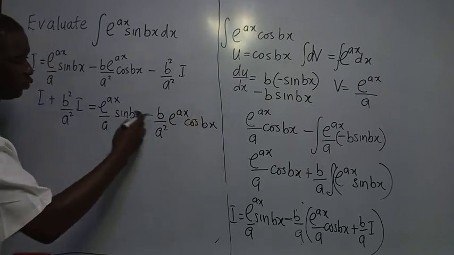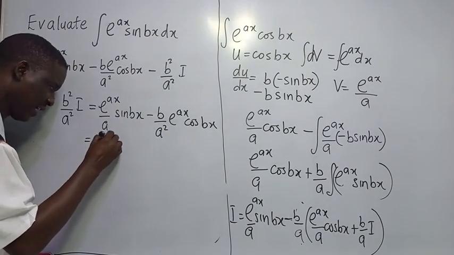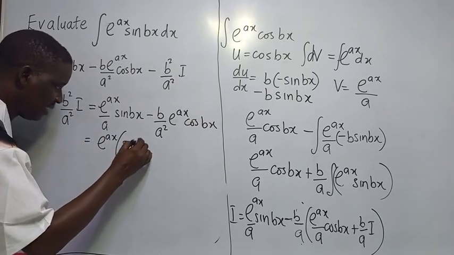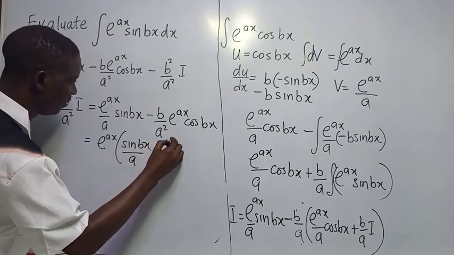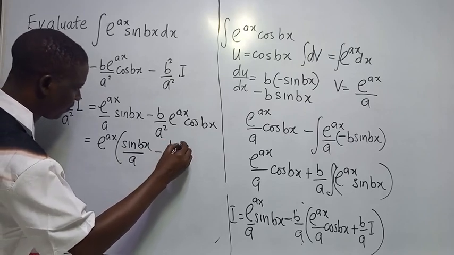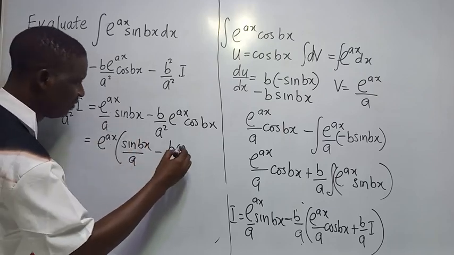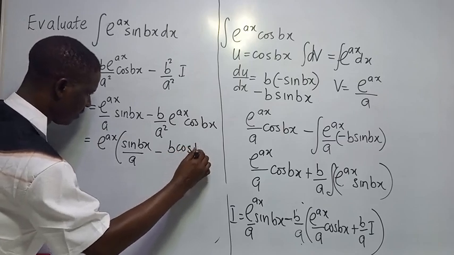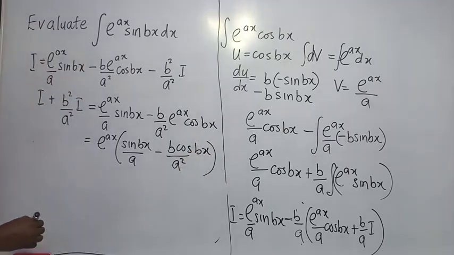Now what I will advise you to do first is, what is common is e raised to power ax into bracket sine bx over a minus b cos bx over a squared. Although a is also common, let's leave it that way. I'll tell you why I say you should leave it like that.